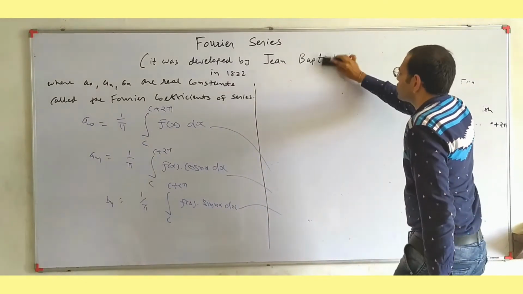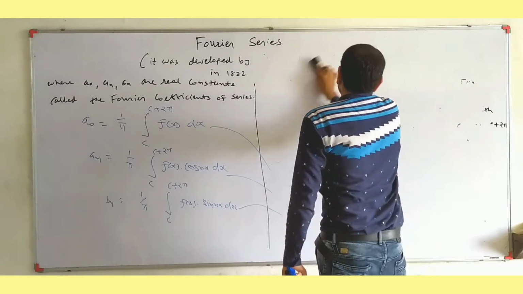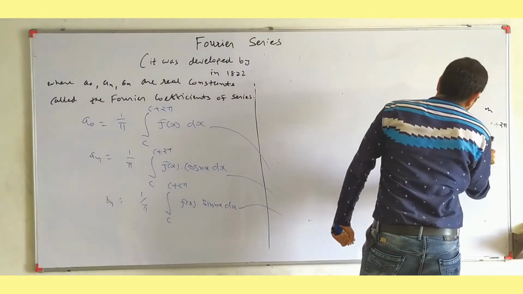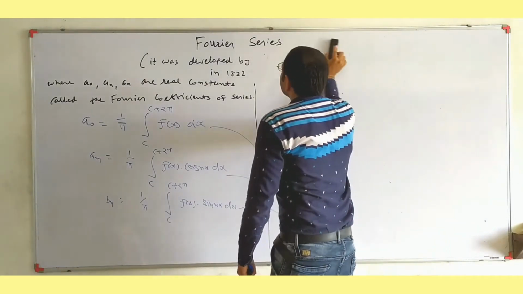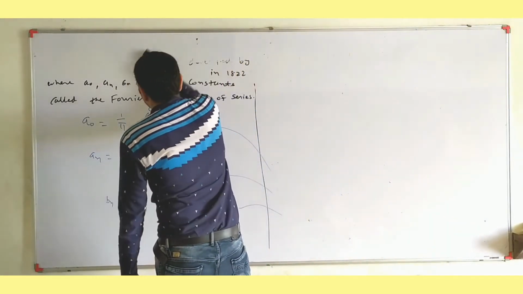Find the Fourier series of f of x equal to x square, where the interval is 0 to 2 pi.